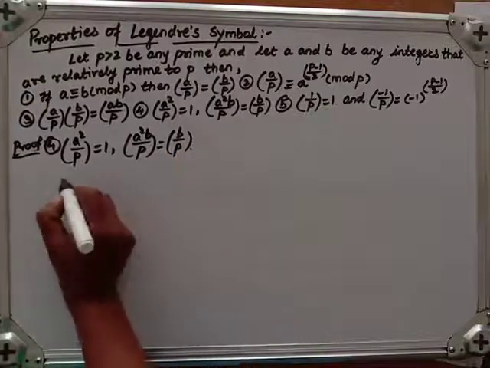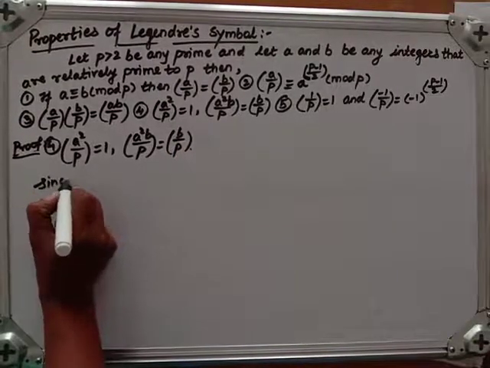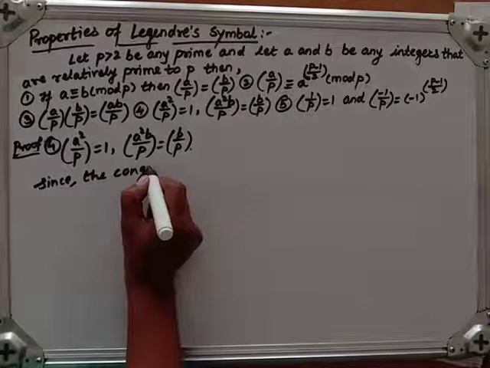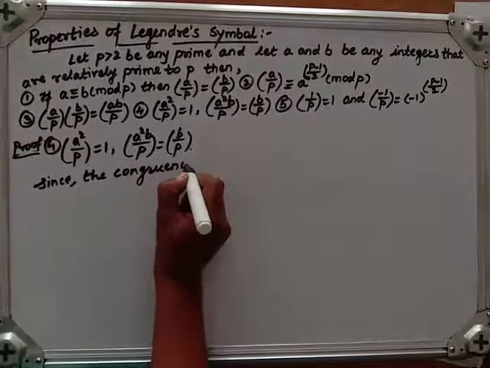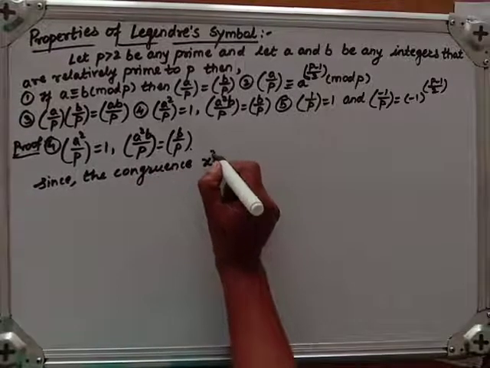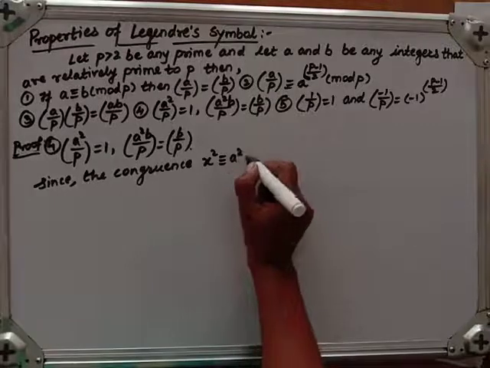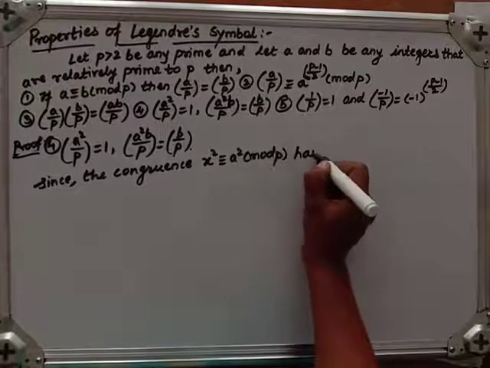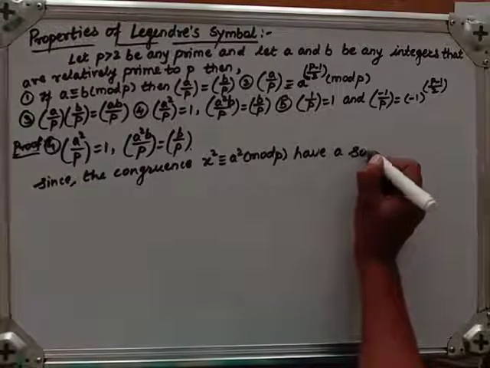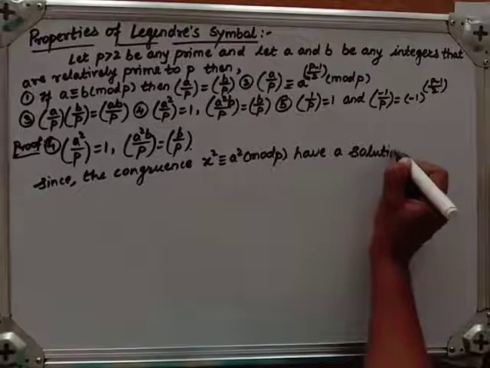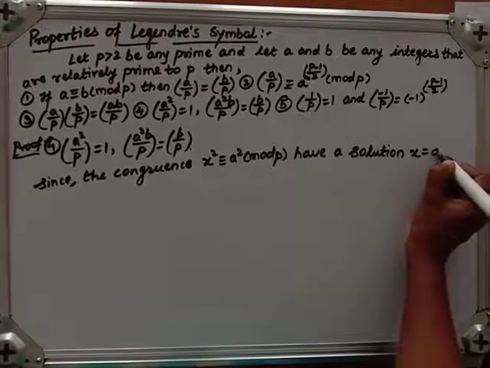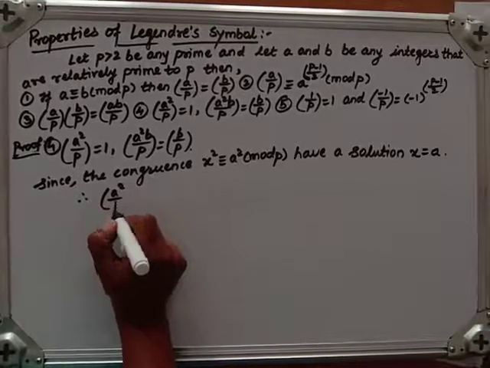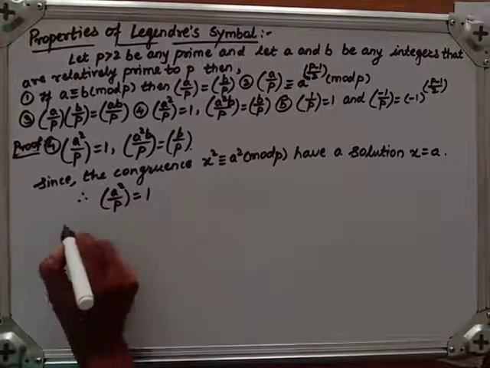Since the congruence x square congruent to a square modulo p has a solution x equal to a, Legendre symbol of a square by p is 1.